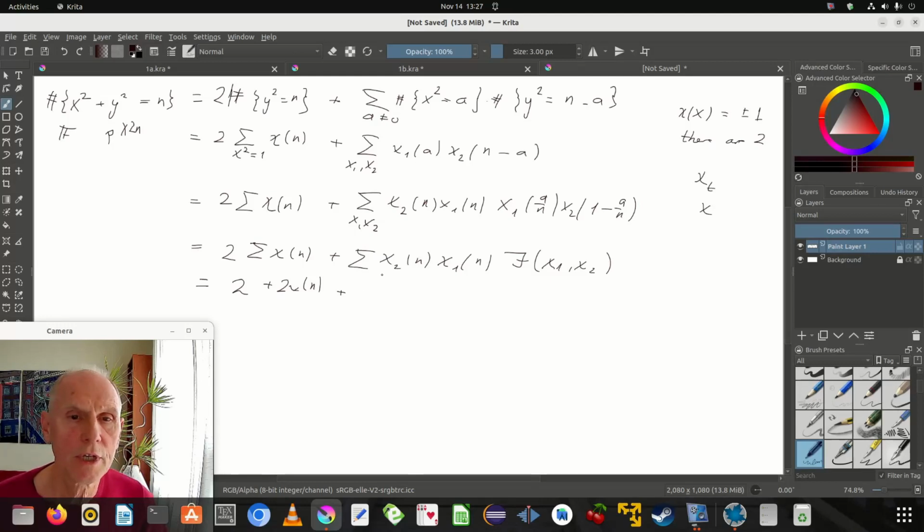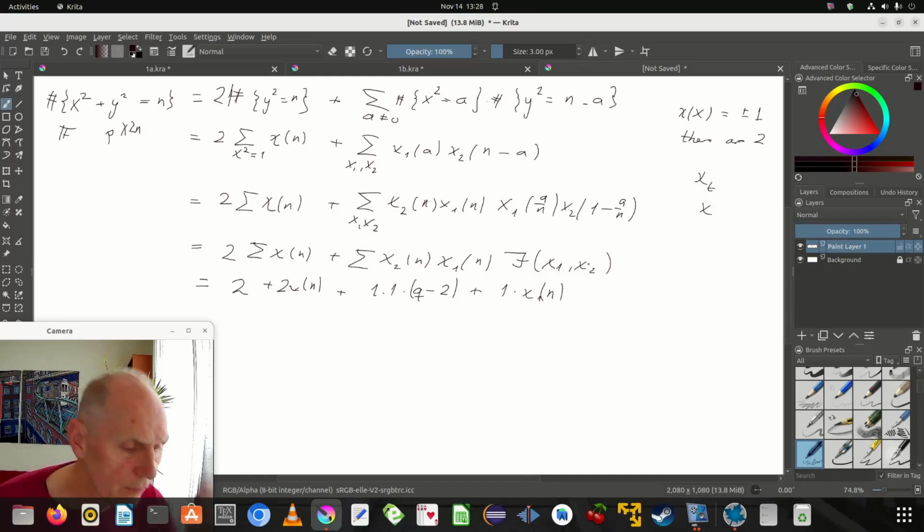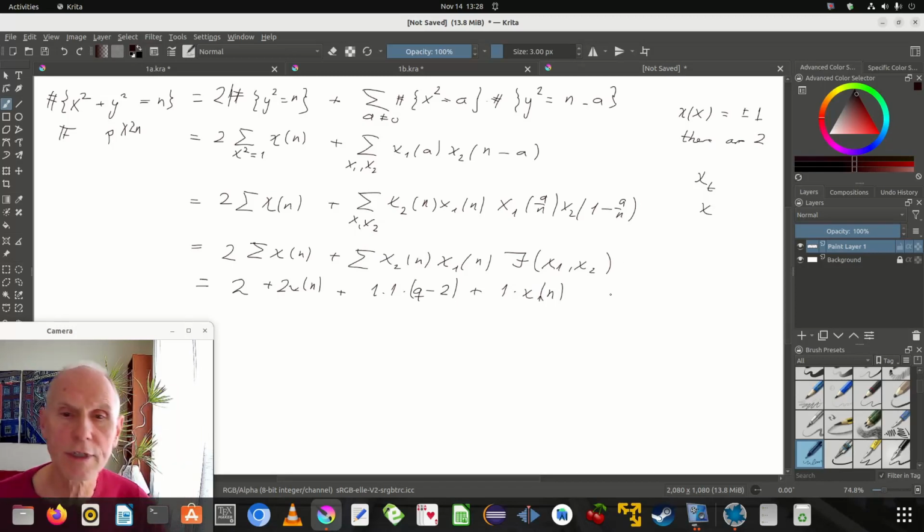Plus, the 2 trivial ones give unity times J of the 2 trivial ones, which was q minus 2. Then 1 trivial, 1 non-trivial, and J of the trivial with the non-trivial, I guess that was minus 1. Yes, it was.